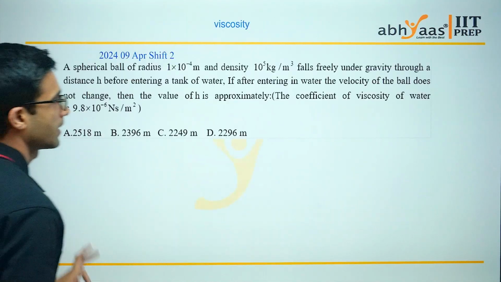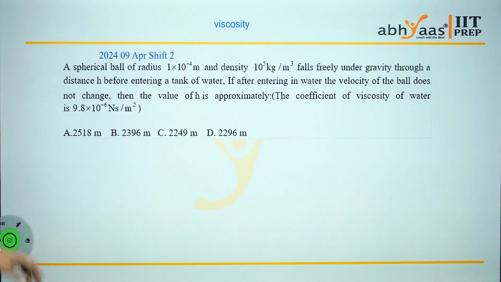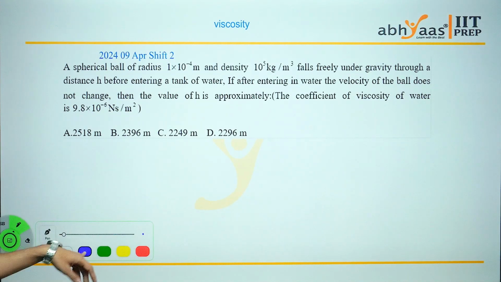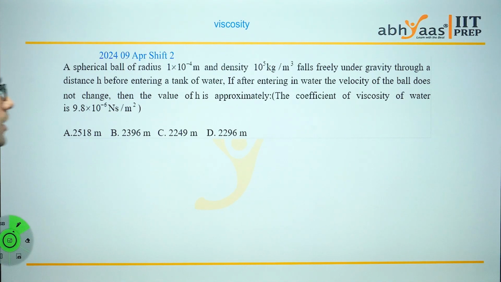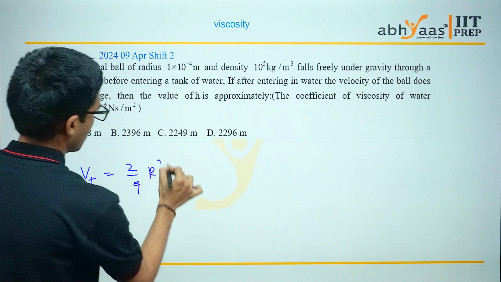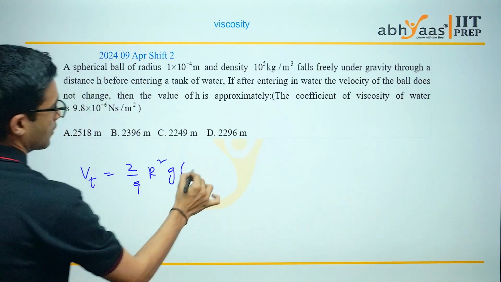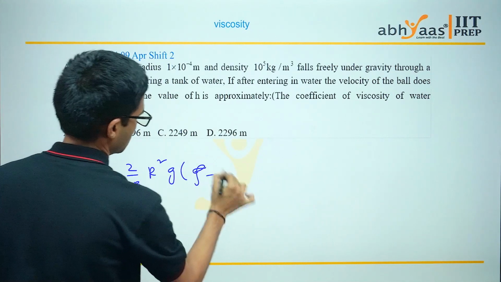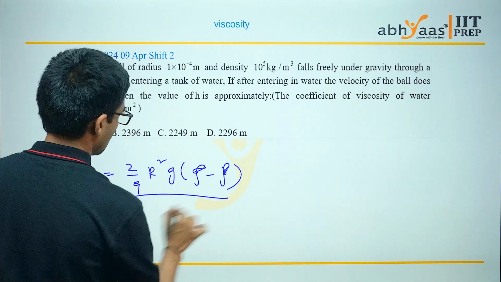Okay, now go into the next question. Next question, what is the question? So here it is related to viscosity. Density is given. So if you see this, Vt, the terminal velocity, is 2 by 9 r square g, difference of rho minus sigma, by zeta.